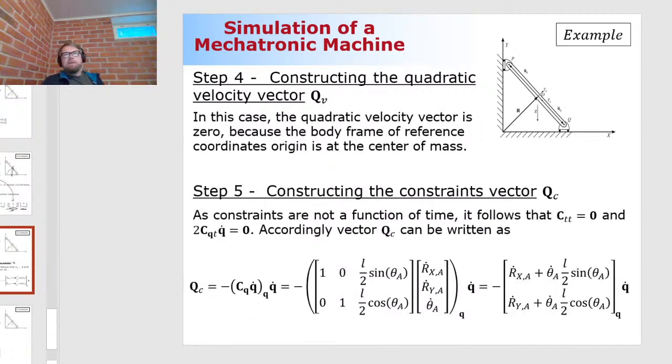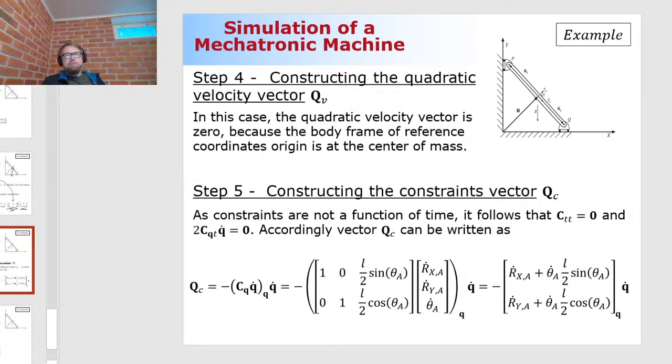Step number 4 is the quadratic velocity vector, which will be equal to 0 because the mass matrix has the diagonal form. My almost last step is step number 5: QC, the one that is based on the constraint equation differentiated twice with respect to time.